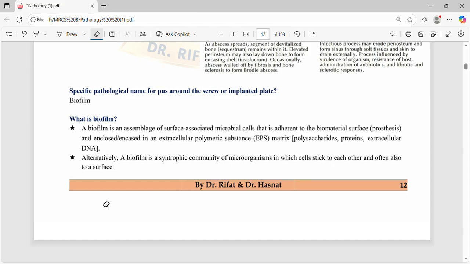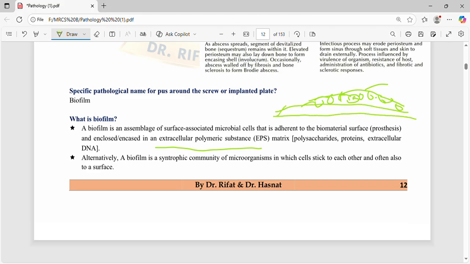So basically, the biofilm is the assembly of the surface microbes and extracellular polymeric substance. This is the colony or assembly of the microorganisms attached to the prosthesis.